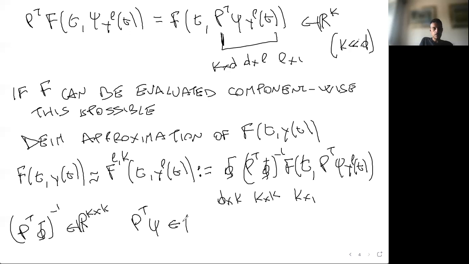This is a matrix which is k by l. Those quantities can be pre-computed. Okay, so let's take a look.